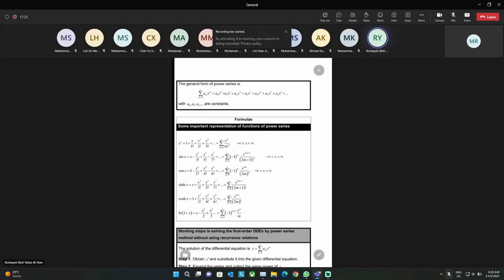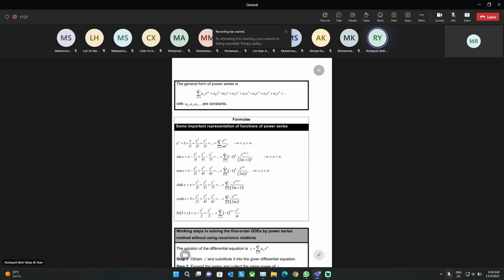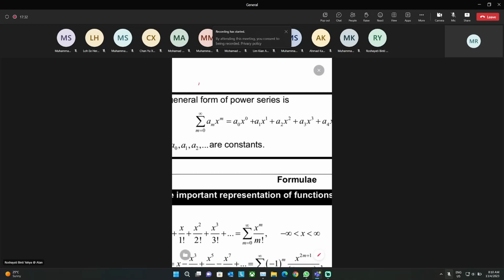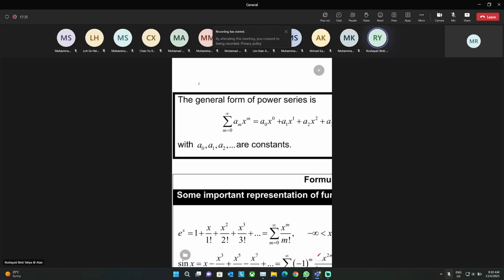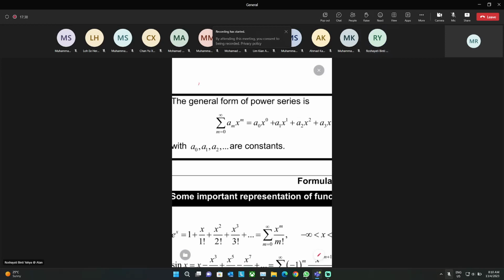So the general form of power series, okay, we have the summation of am x^m, where m here starts from 0 to positive infinite, meaning that it starts from 0 to the positive side.